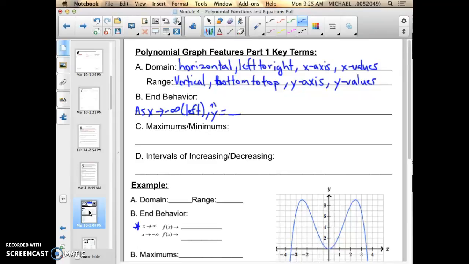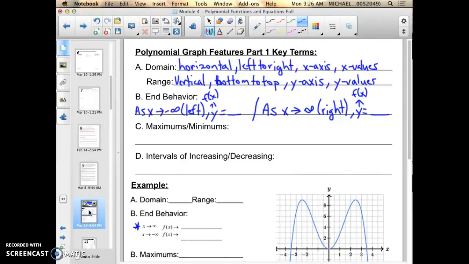Y can also be written as f of x. Same thing, as x approaches positive infinity, to the right this time, the rightmost point, what is the output doing? Again, it could be written as f of x.